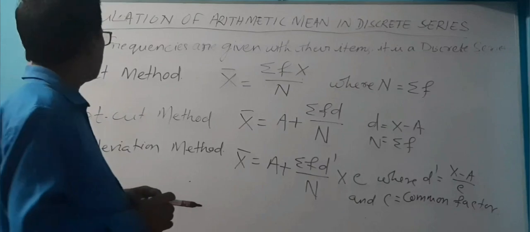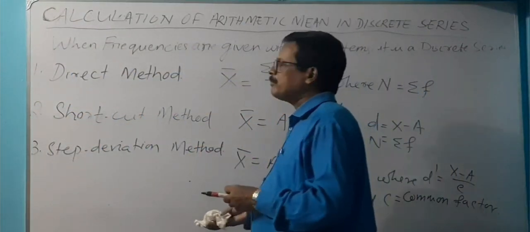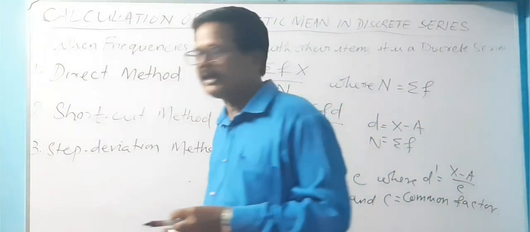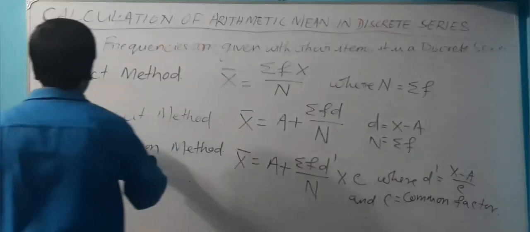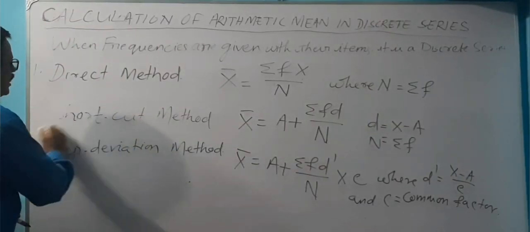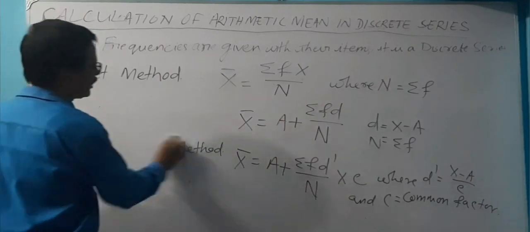Okay, now let us start with the help of direct method. By direct method, we can get the value of arithmetic mean. Then we will come to the other two methods. First, direct method. Number one is how to calculate arithmetic mean by using direct method.